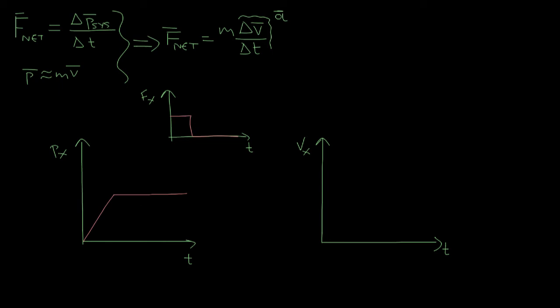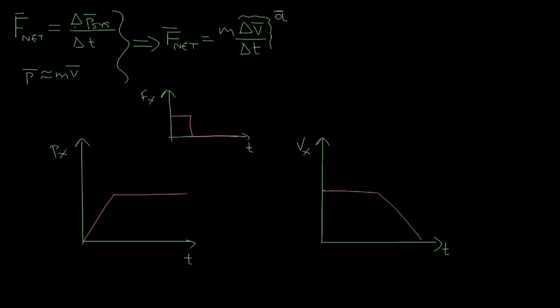Now, we can do something similar if you have the Vx graph as a function of time, the velocity graph as a function of time. And let's say we have a velocity graph that looks like this, and I will use a different color. So I have a velocity graph that looks like this.